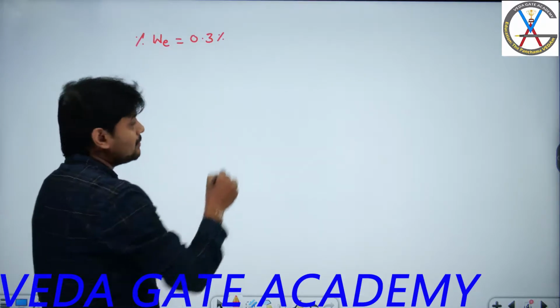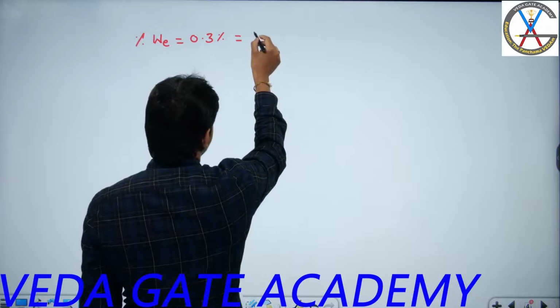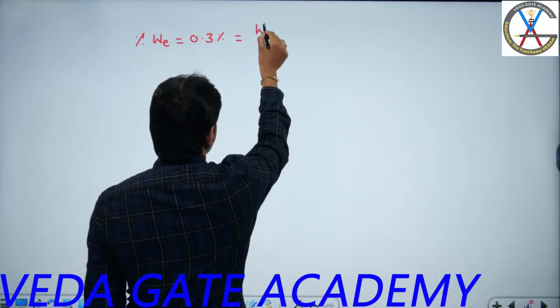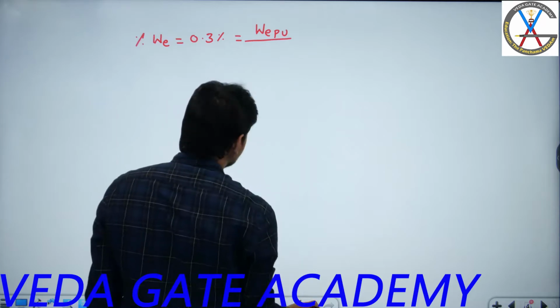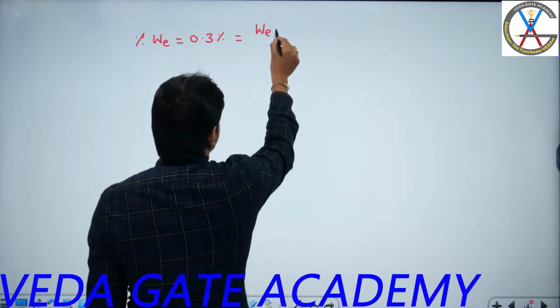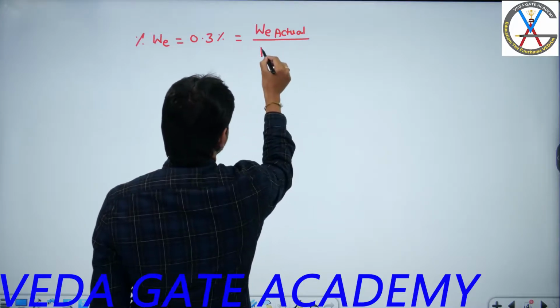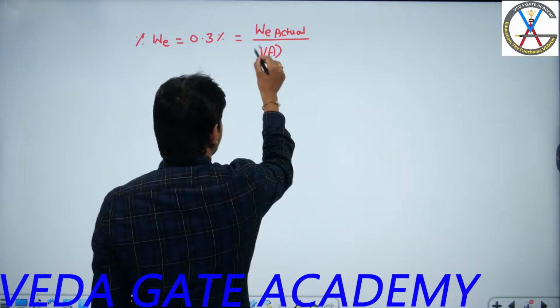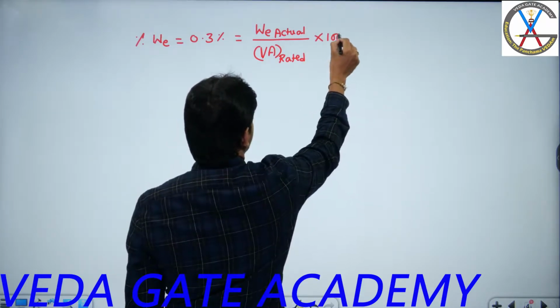So we know that the percentage eddy current losses is equal to per unit eddy current losses, which is actual eddy current losses divided by base power, that is nothing but the volt ampere rating of the transformer, into 100 percentage.